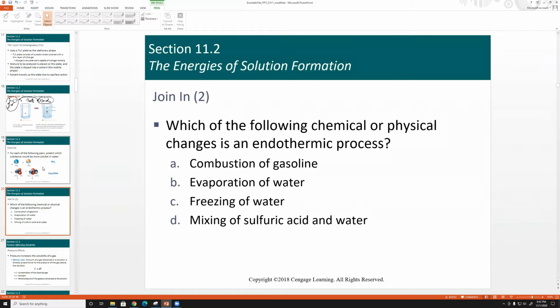And if we're mixing sulfuric acid and water, we're breaking the intermolecular forces between the water and mixing in sulfuric acid to make stronger forces, so this is going to release heat. And then we have evaporation of water. We're going from a lower energy state to a higher energy state as a gas, meaning we have to put energy into this. So B is our correct answer.